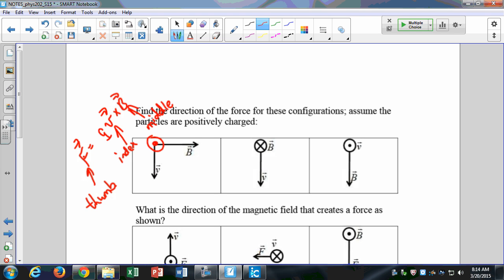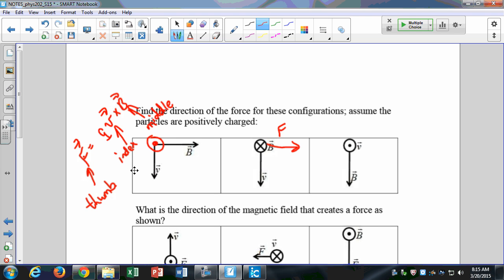Index finger is going to go in the direction of V. Our middle finger will point in the direction of B. So what's the direction of the force? It's to the right. Yeah, so it's going to be in this direction.